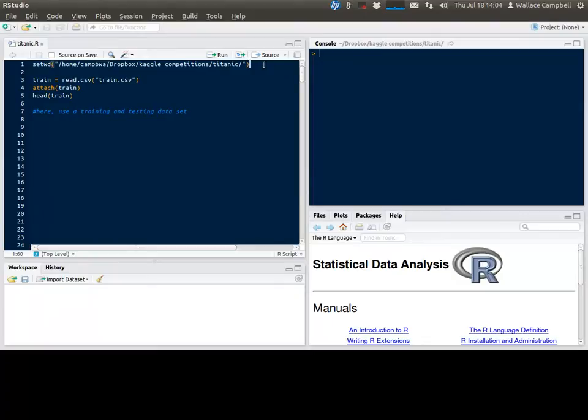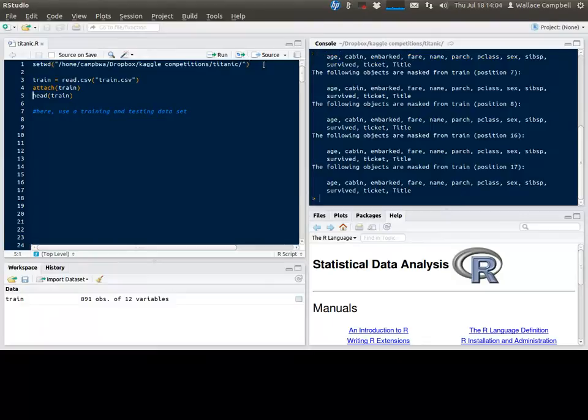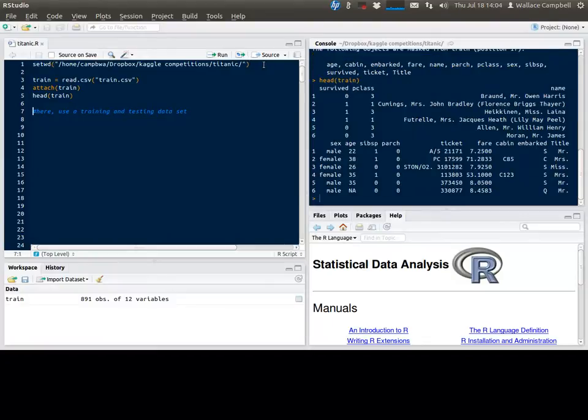Let's go to RStudio and load the data. And the data are divided into a training and testing data set. So you estimate your model for the training data set, and then the testing data set doesn't tell us whether they survived or not. You have to make that prediction using your model.